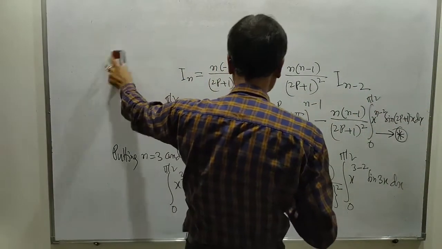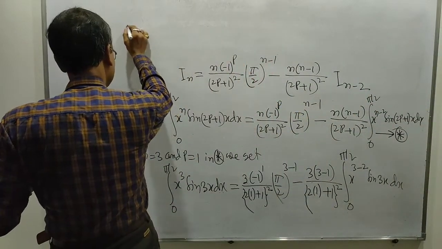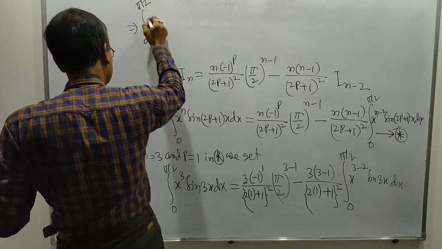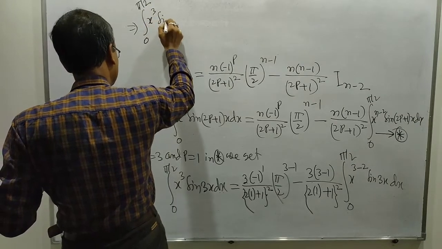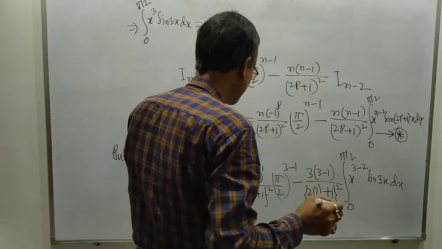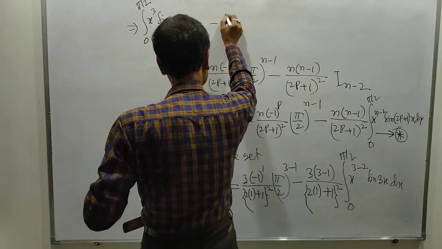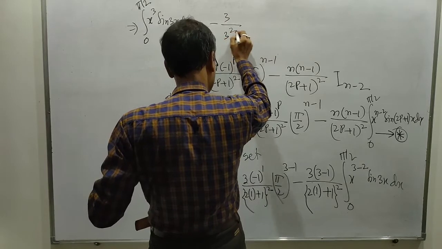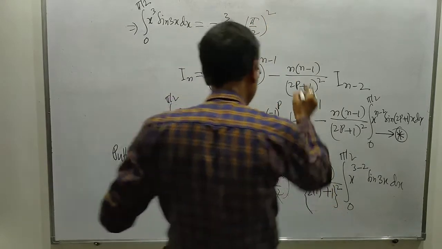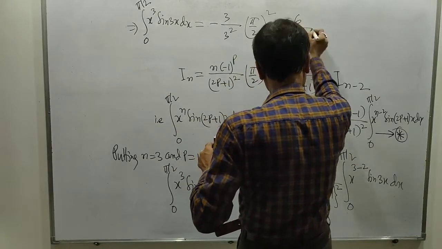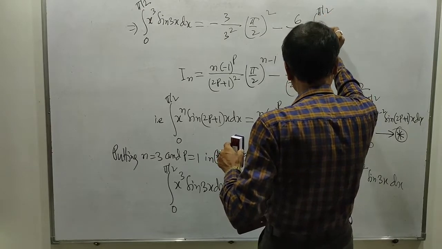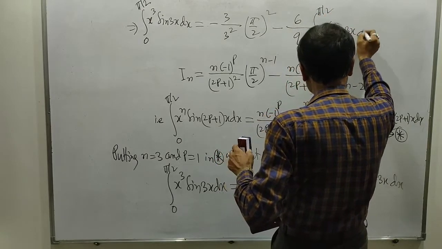Now you see, I_3, the integral from 0 to pi by 2 of x cube sin 3x dx, equals minus 1 by 9 into (pi by 2) whole square, minus 3 into 2, that means 6, by 9, times the integral from 0 to pi by 2 of x sin 3x dx.